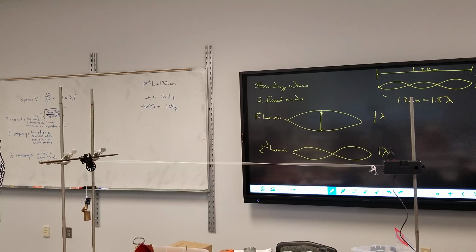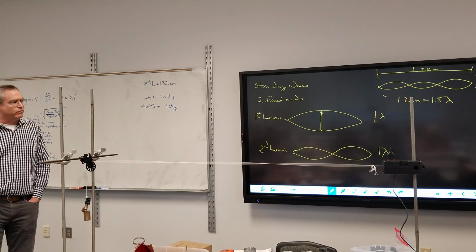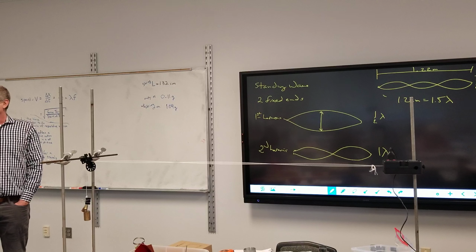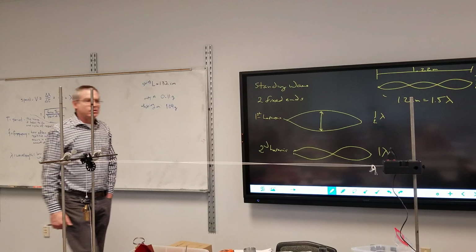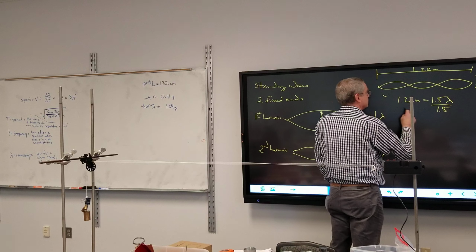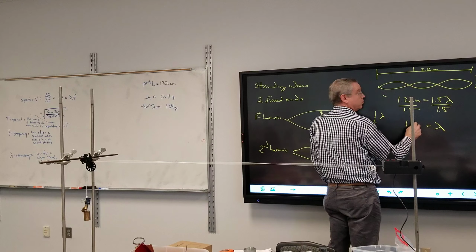So what's the wavelength? I've got 1.5 wavelengths. What is the actual value of a single wavelength? Or how would you find it? You just divide those sides by 1.5. Yep. 1.83.